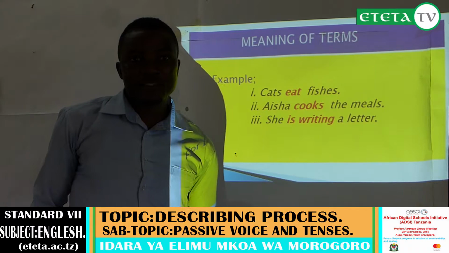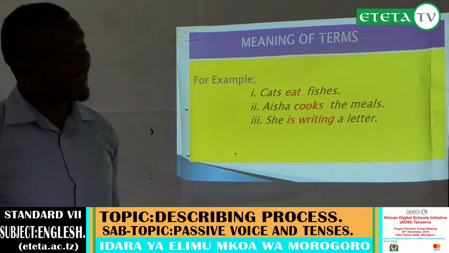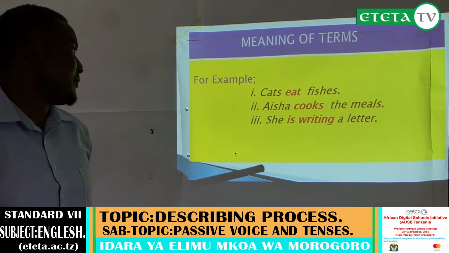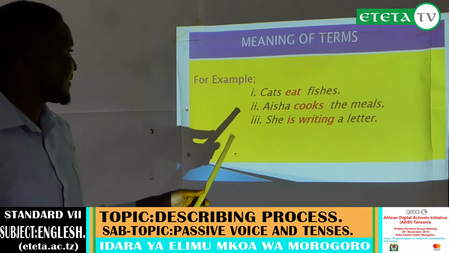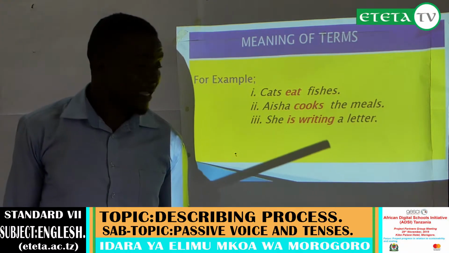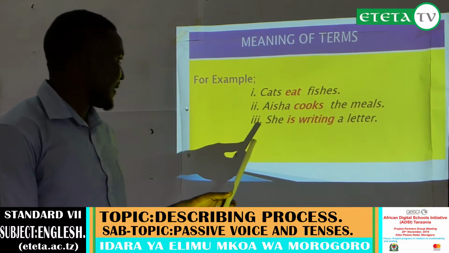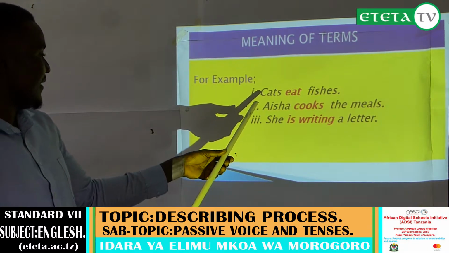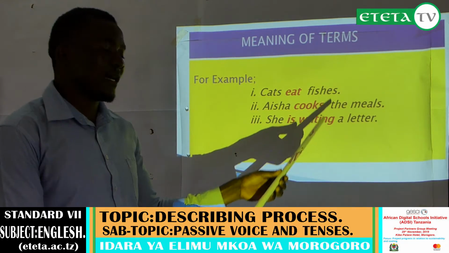Now, let us see some examples of sentences which are in active voice. Let us start with sentence number 1. Can you read it? Yes, it is: Cats eat fishes. As you can see, cats is the subject, eat is the verb, and fishes is the object.